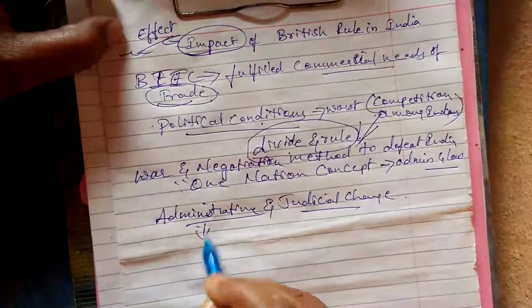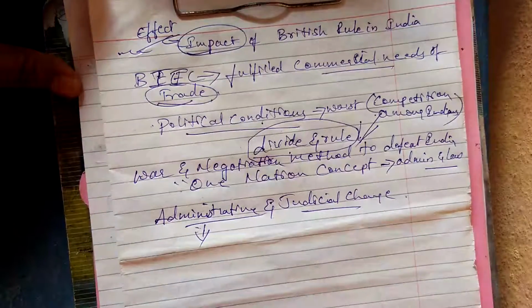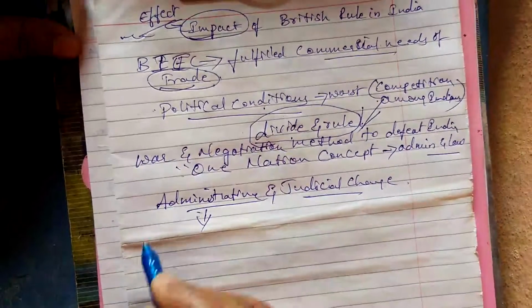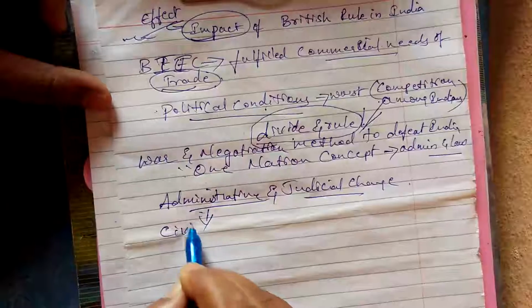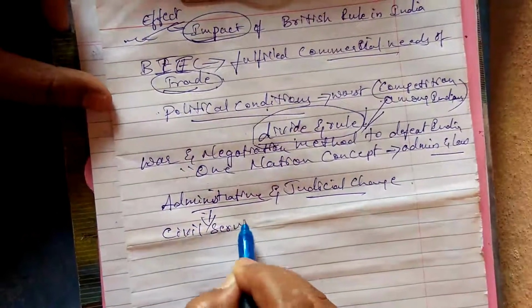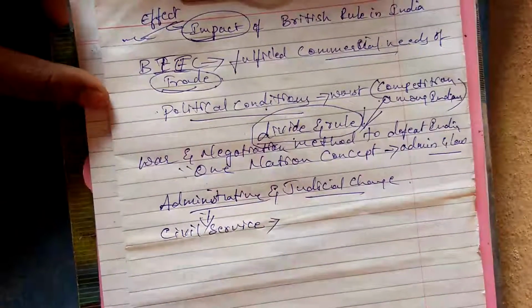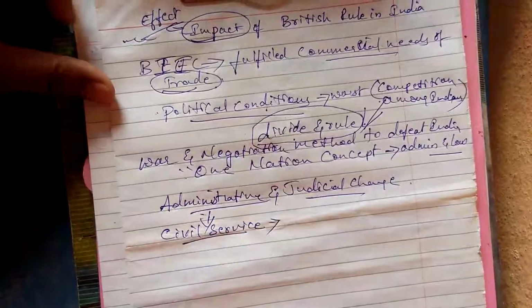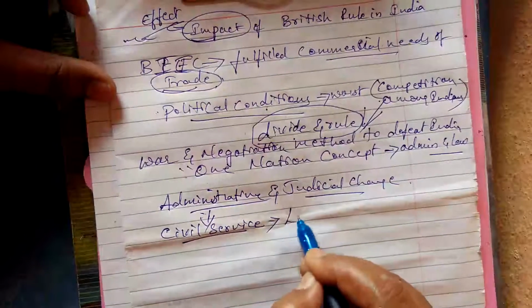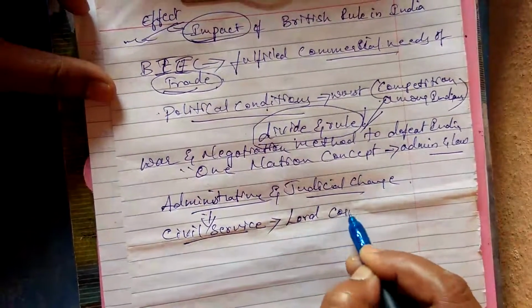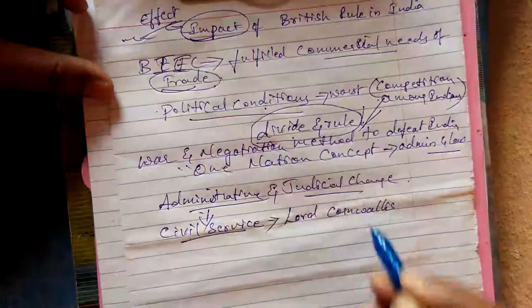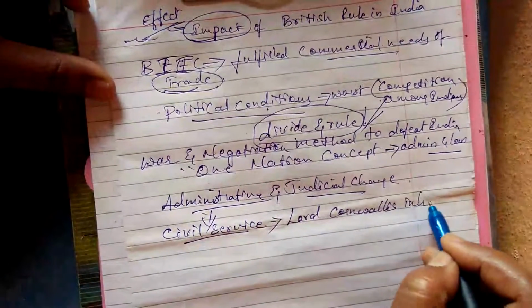See, first let us go with the administrative. In administrative, for the first time, civil service was introduced. And who is the person that introduced civil service? Remember, Lord Cornwallis introduced civil service.